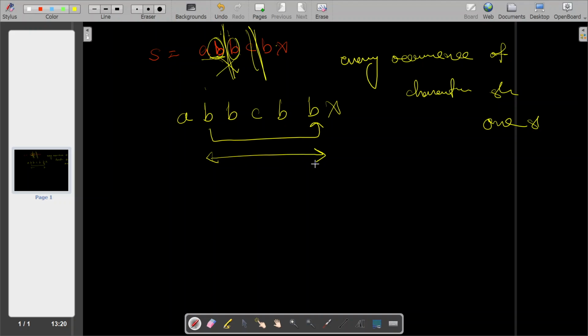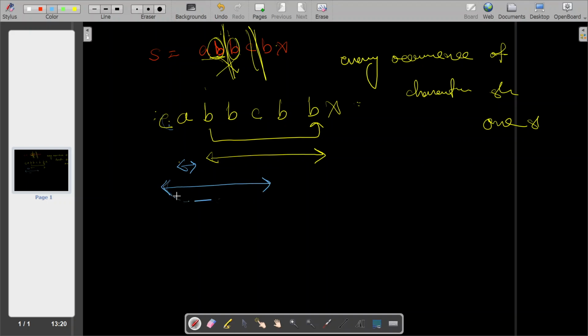This is one thing. And suppose there is also a C here. For A, we write it this way, a single one that we cannot break. And now there is a C starting from here and ending here, so we cannot break this also.